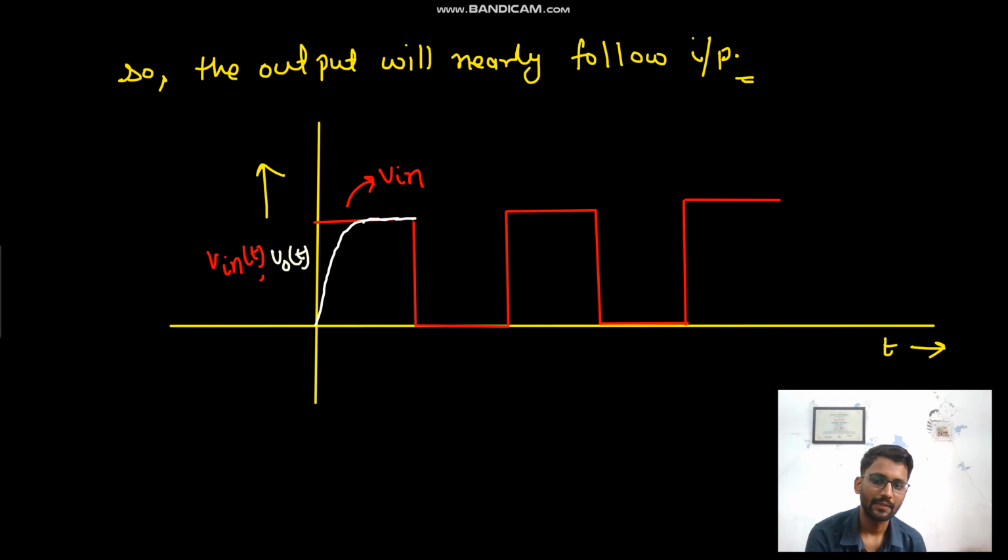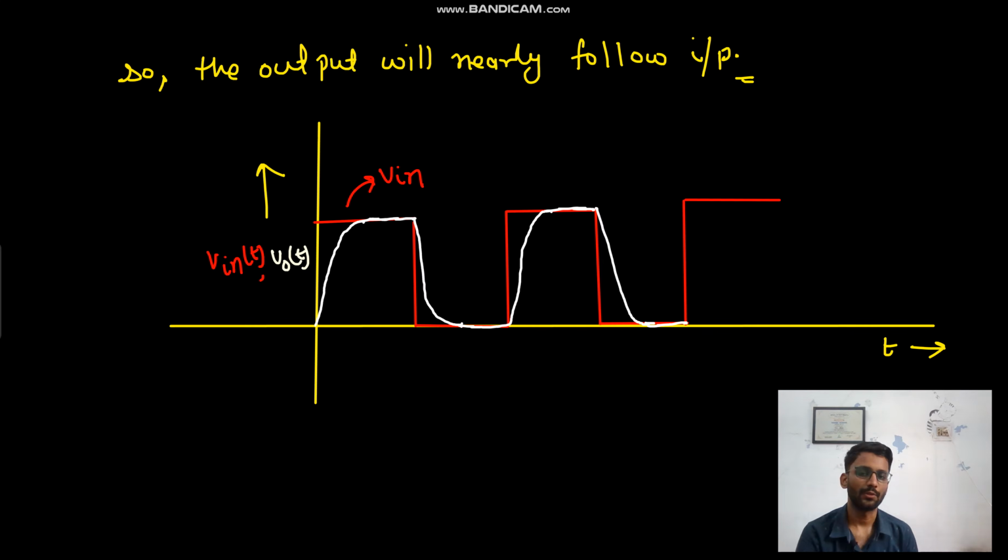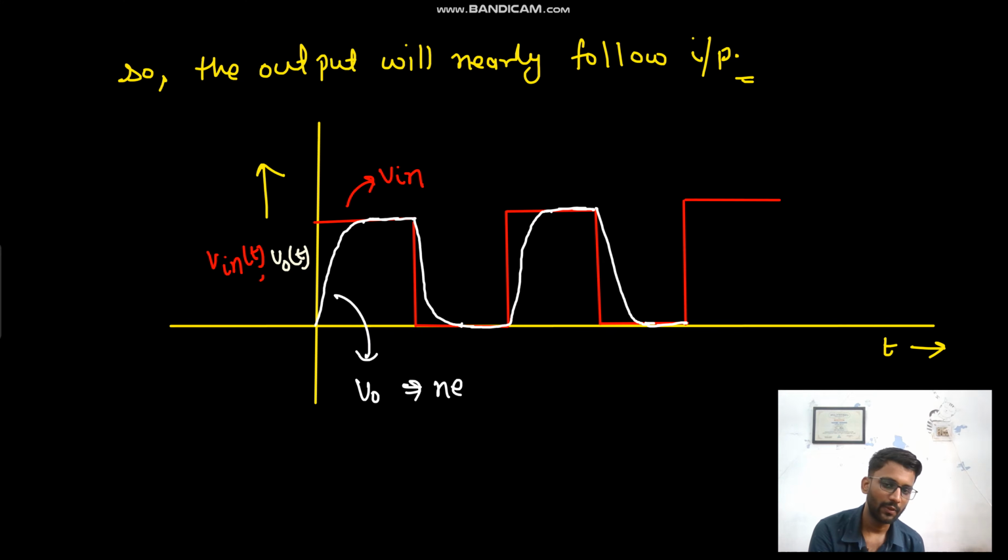It was getting charged and then discharged, charged and then discharged. So it is going like this only. Okay, so it is nearly following the input. This is V naught, nearly following the input.